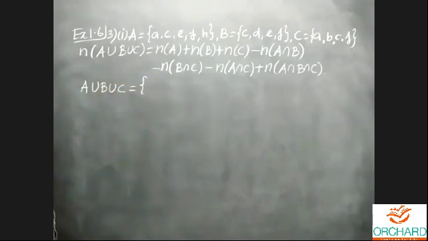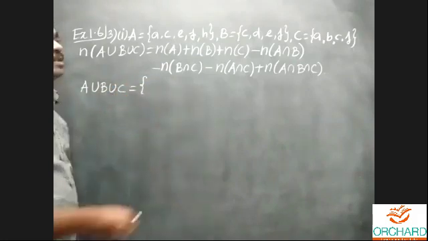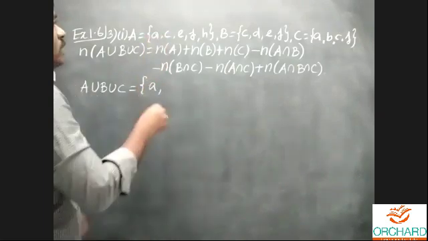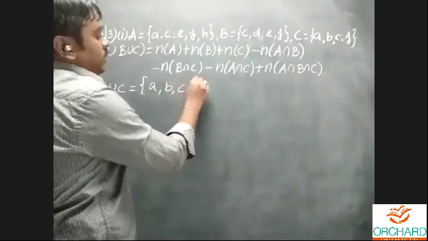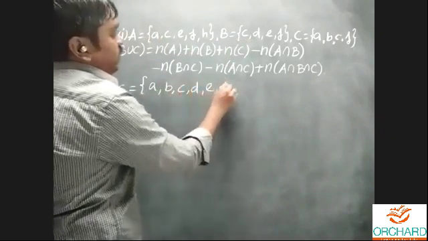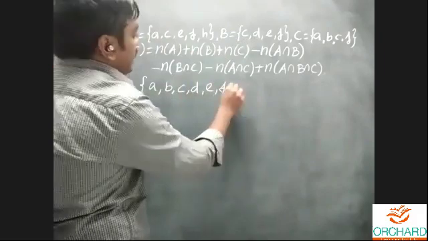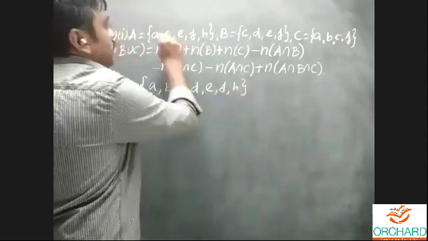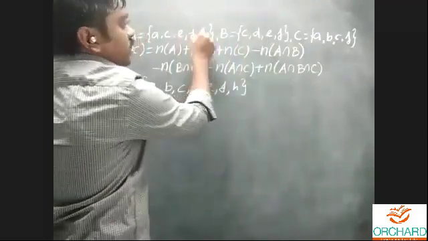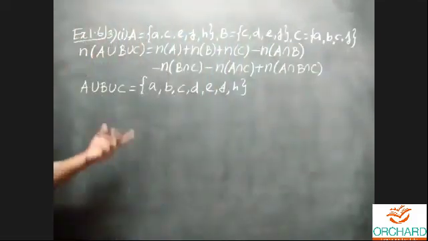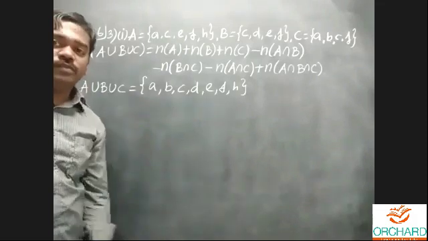Just join the elements of the three sets: A, B, C, D, E, F, H. That's all. This is the union of the three sets.